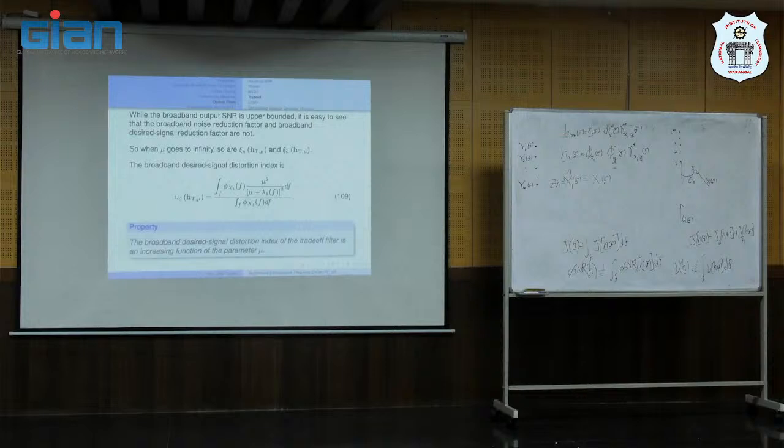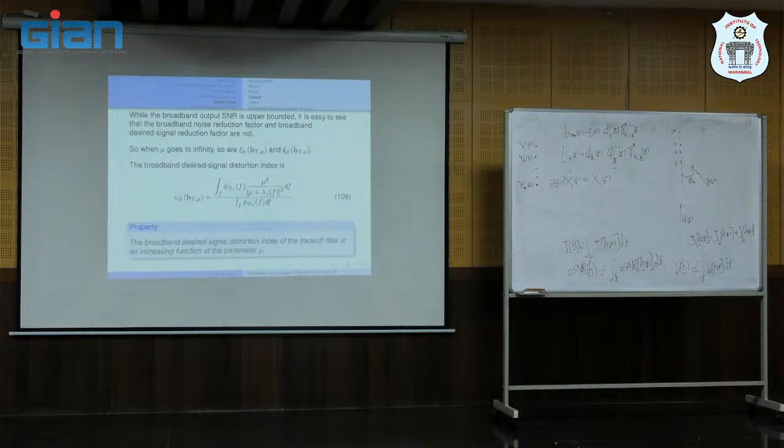The broadband desired signal distortion index is an increasing function of the parameter mu, which also is something nice. So both are increasing functions of mu. So when I increase mu, if mu is constant, independent of f, I increase the output SNR, I increase distortion. So this gives me a nice trade-off.